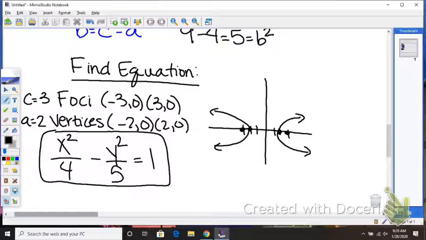So for the equation, you need to know A squared and you need to know B squared. So look at what they give you and use this formula here if you don't have the third one. How was that? So great. Okay, let's do one more.